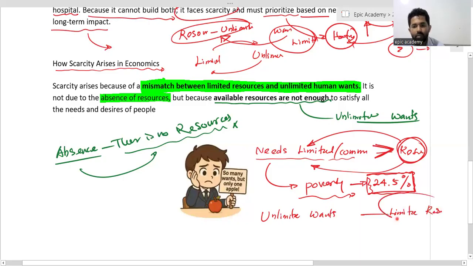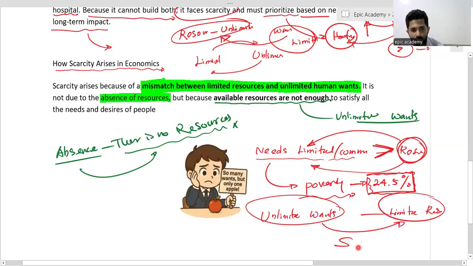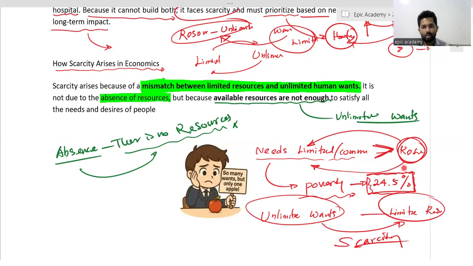So now you can identify the comparing components are different for poverty and scarcity, isn't it? To understand scarcity, you compare unlimited wants and limited resources. But for poverty, you understand the resources and basic needs.